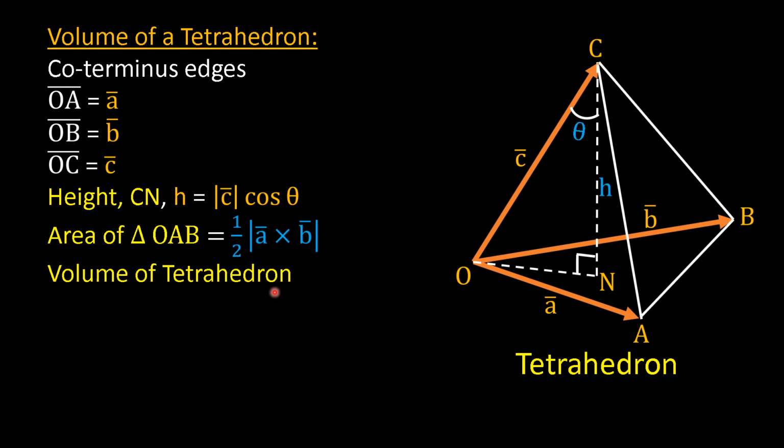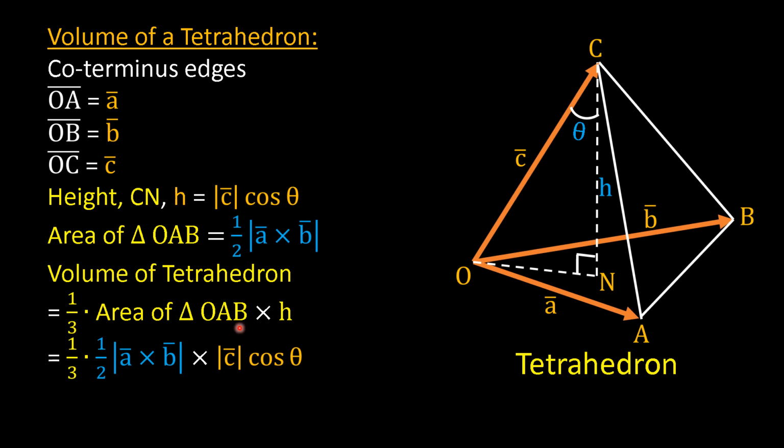Volume of tetrahedron is given as 1/3 area of base triangle OAB multiplied by height h. Now area of triangle OAB is half mod A bar cross B bar, which we write here, multiplied by h. We have h equals mod C bar cos theta, which we write over here.